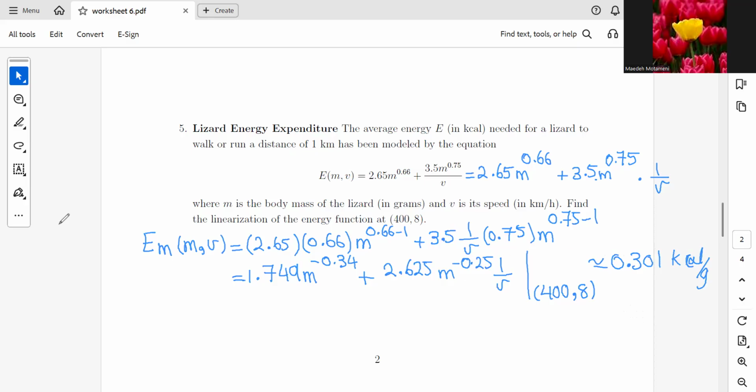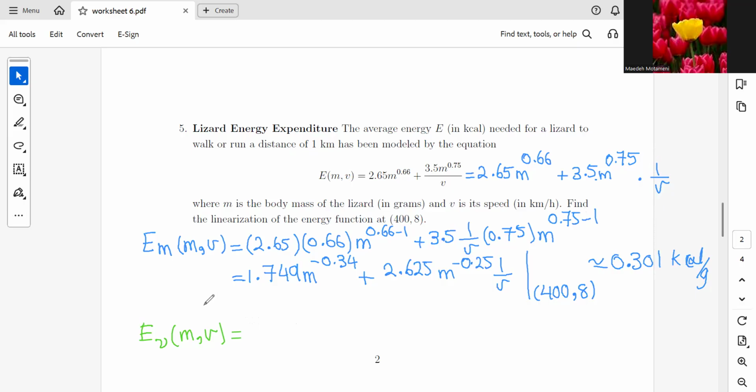What about the second part? It will be the partial derivative with respect to v at a point. So the first term here doesn't have any v in it, so the partial derivative would be 0. For the second part, we know that the derivative of 1 over v would be negative 1 over v squared.